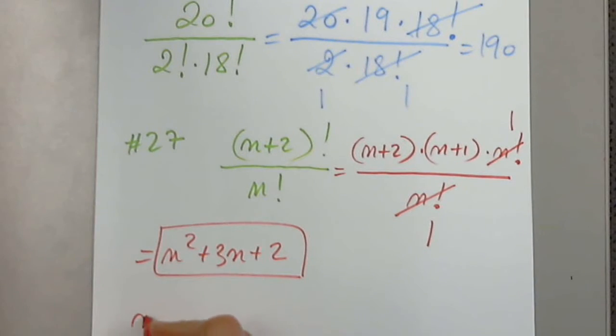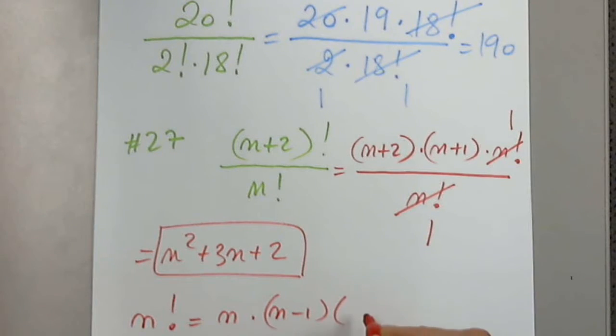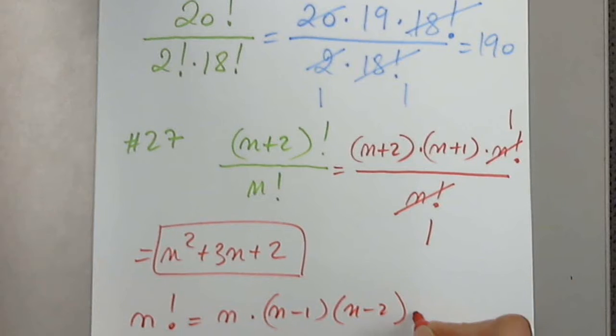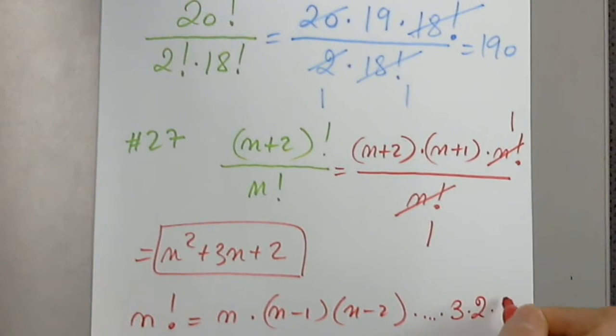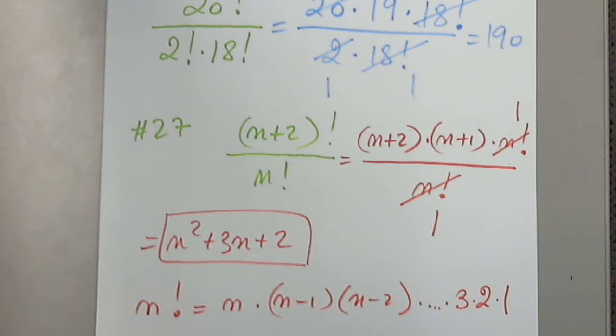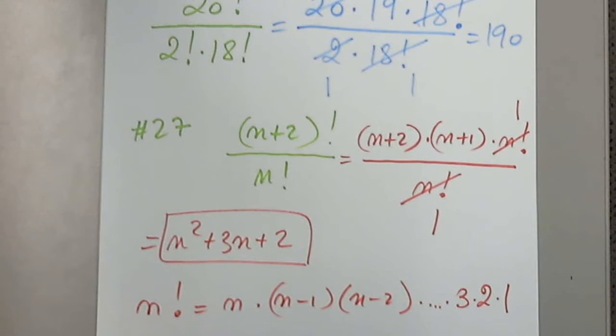So in general, n factorial is n times n minus 1 times n minus 2 times dots, 3 times 2 times 1. So whatever n is, I have to end with 1. All natural numbers multiply from, if this is 10, then I have 10, 9, 8, 7, 6, blah, blah, blah, 3, 2, 1.